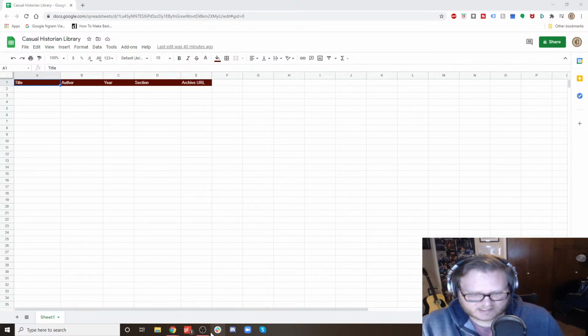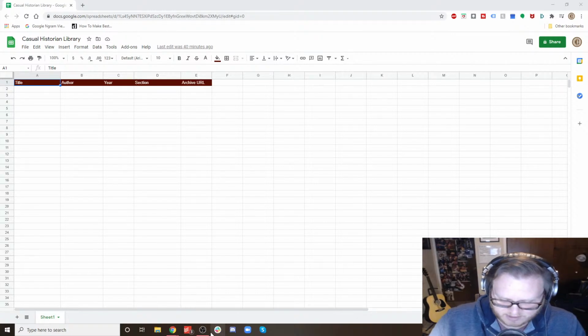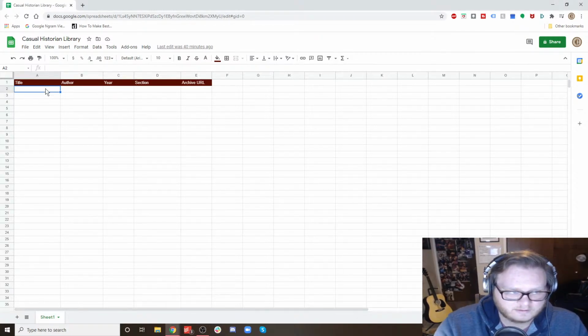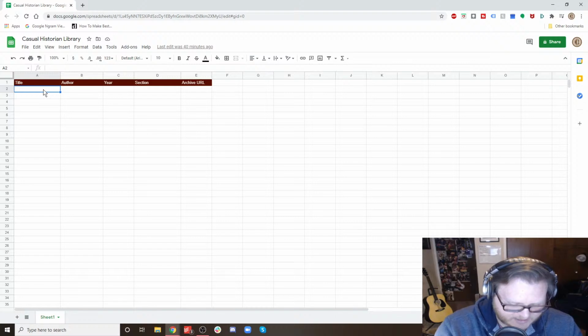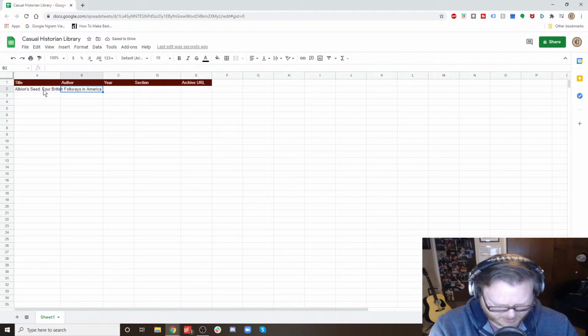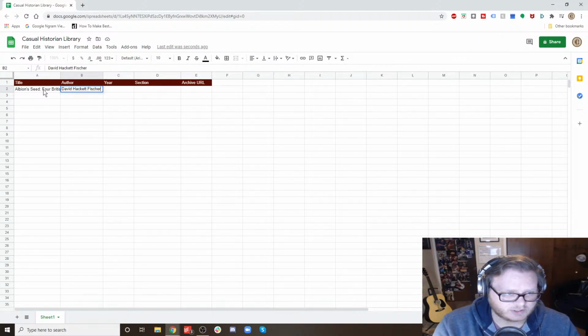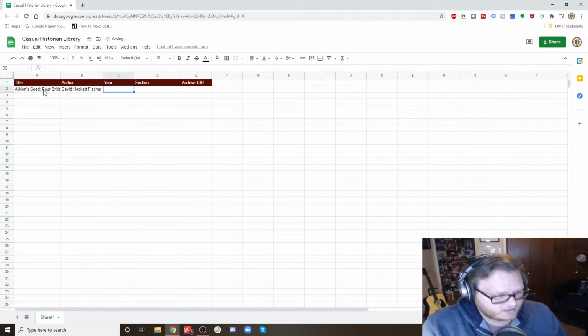All right, let's start with some of this. The first book of cataloging here is called Albion's Seed: Four British Folkways in America, by David Hackett Fischer.